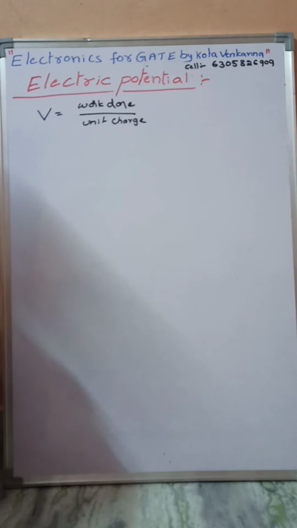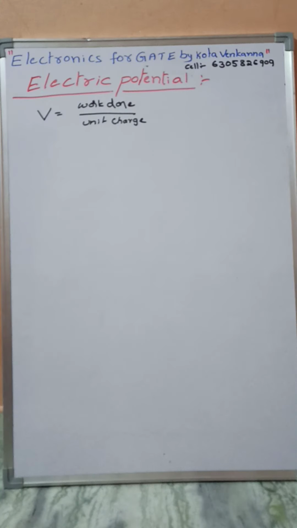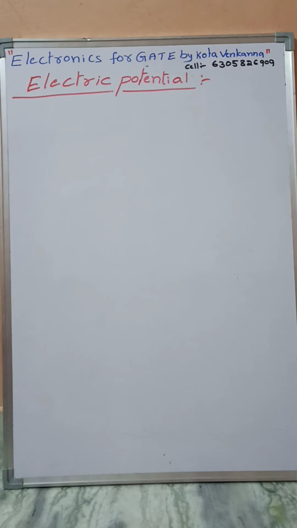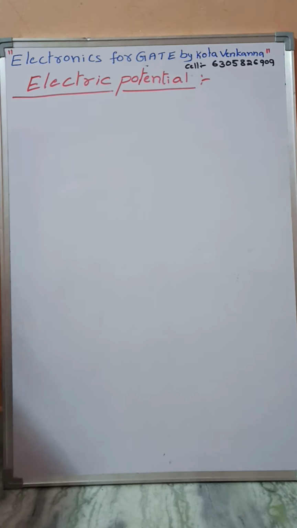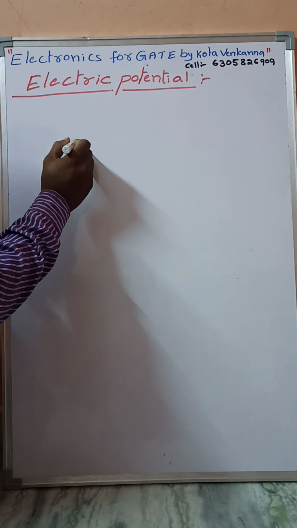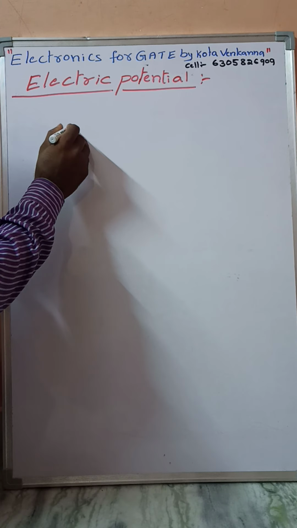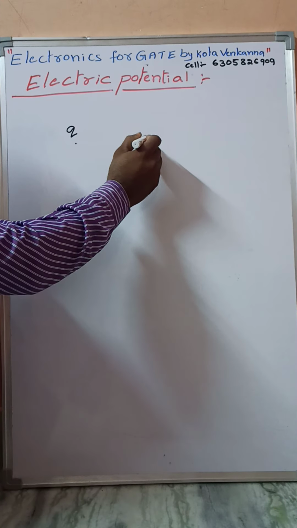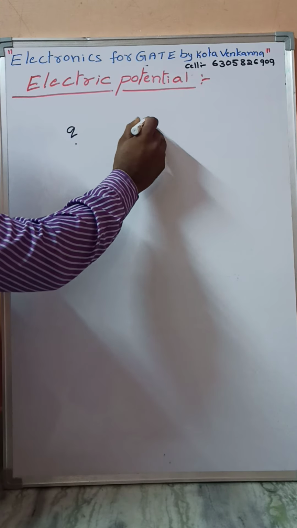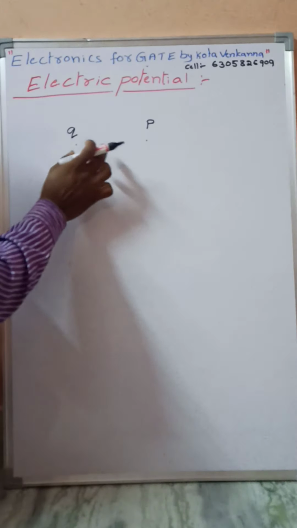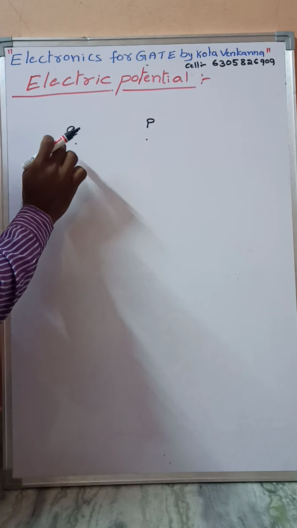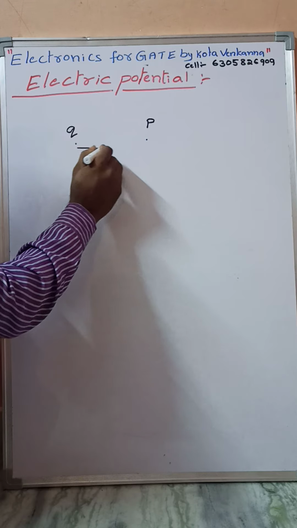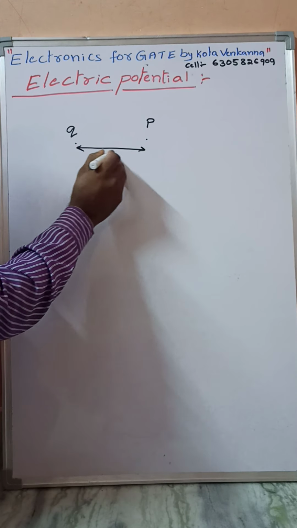So here I want to explain the potential. Here is a small amount of charge Q, and the point P is a point away from the small charge Q. The distance between these two is r.